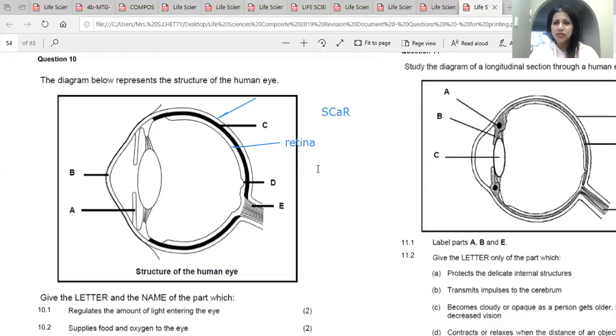Now, the retina is so important because it has got the receptors for light. Remember, in order to produce a sensation or a reaction, there must be something picking up a stimulus. And those things that pick up a stimulus are called receptors. The receptors in the eye are found only in the retina. So if the retina is damaged, my darlings, you'll not be able to see because there's nothing that will pick up the stimulus of light.